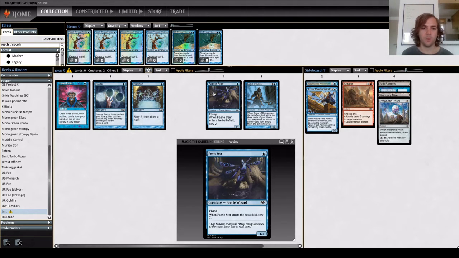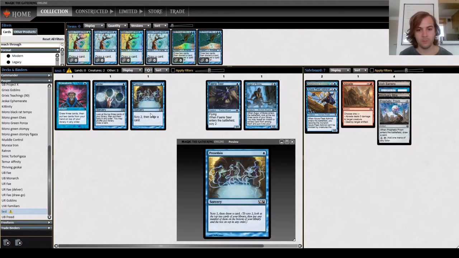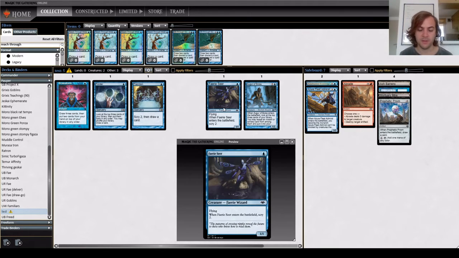So what the card does with other cantrips is help you dig really deep or fix your draws. For example, you play a Ponder, then you play a Fairy Seer, you're able to scry the bad cards to the bottom, making the Ponder a very good card. Of course, you can do the same thing with a Brainstorm, and with Preordain, you normally want to do Fairy Seer first and then Preordain sometimes, because you are going to scry 2, then scry 2, then draw a card.